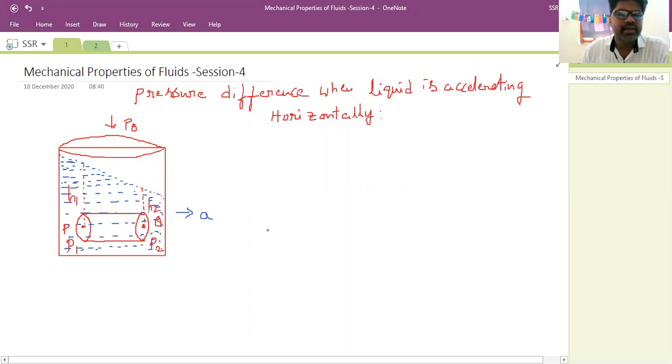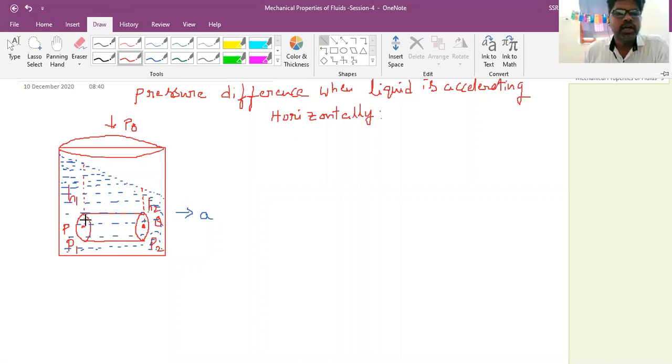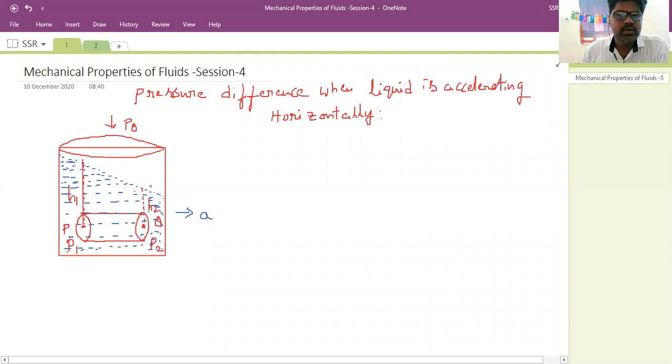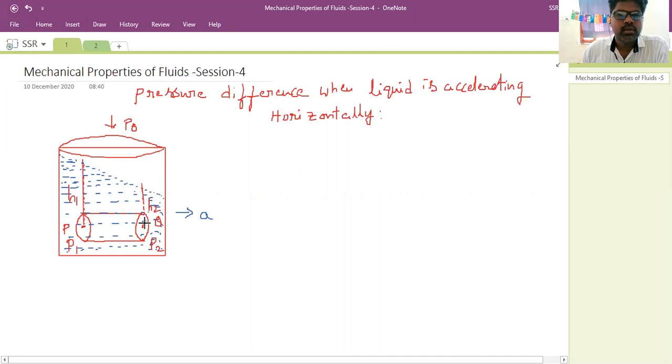Your heights are different while accelerating horizontally. This height is H1. This height is H2. Are you clear on this point?